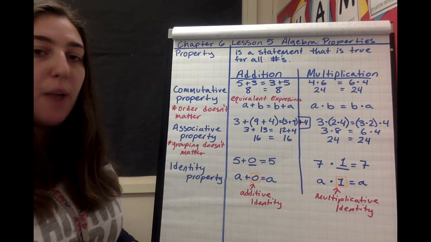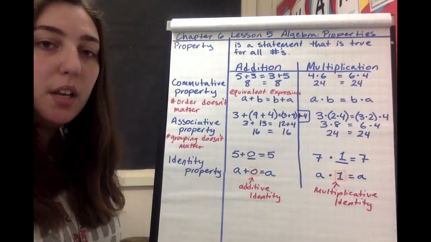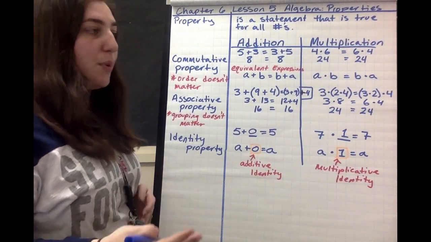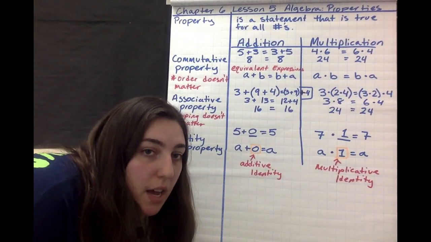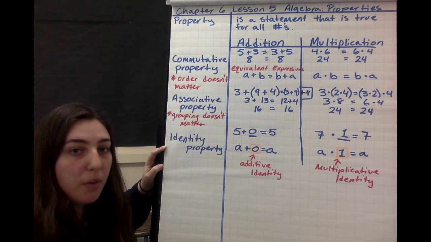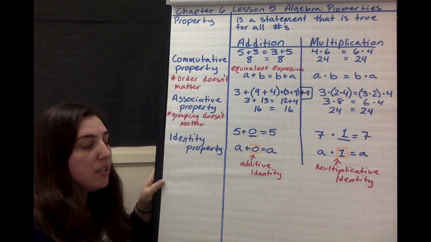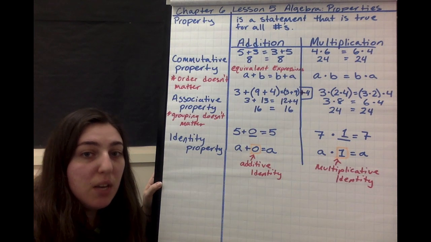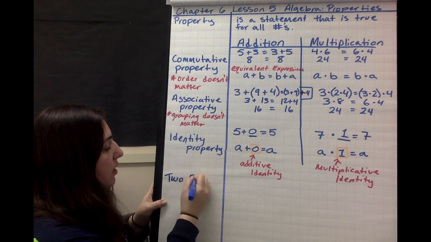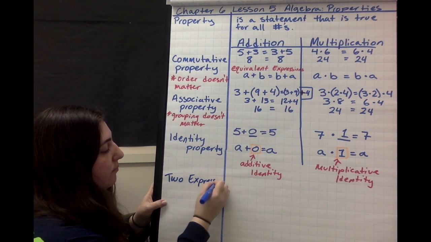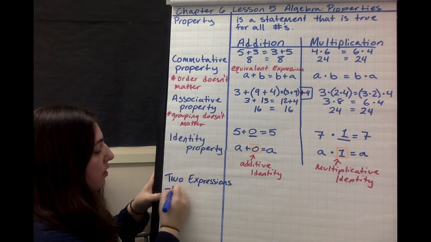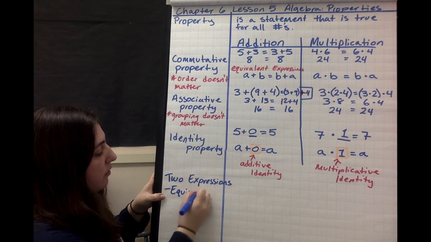Okay, so now we are going to practice some of what you are going to be doing in class today. You're just going to be comparing expressions and determining whether they have one of these properties. So if they are equivalent, they should have one of these properties, and if they are not equivalent, explain why they are not equivalent. So you're going to have two expressions, and you're going to first determine, are they equivalent?